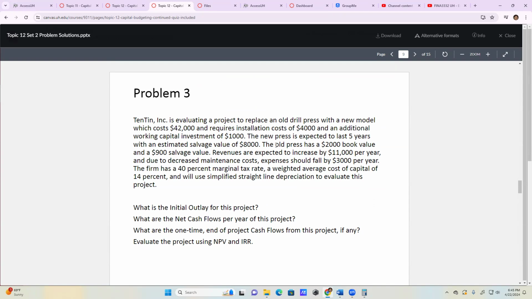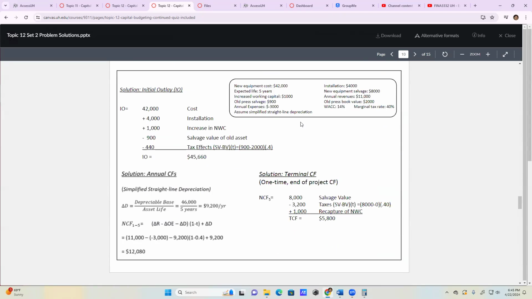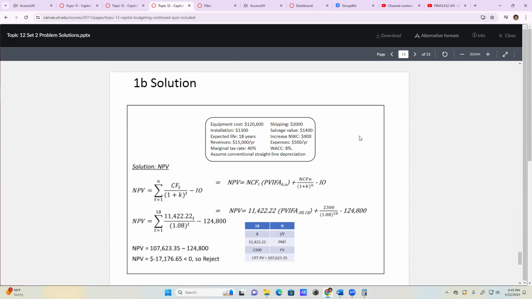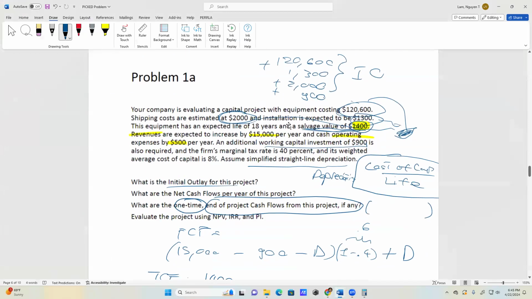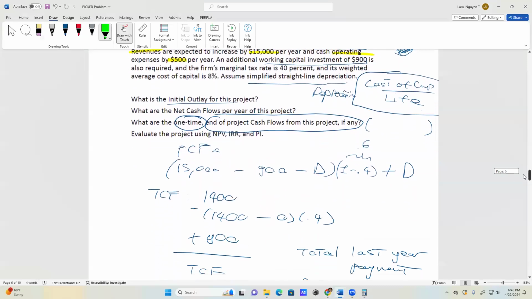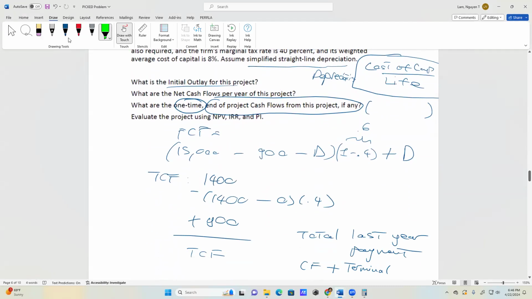But my observation is that whenever they have the term "salvage value of," what they mean, when you try to find the tax effect, is the salvage value minus the book value, the same amount.